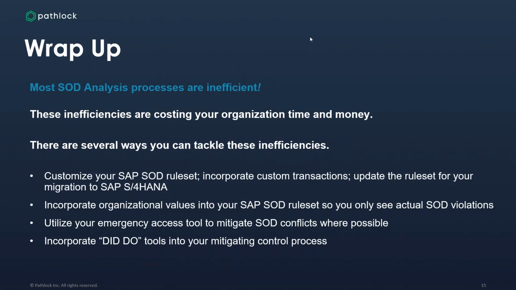And then lastly, it's incorporating did-do tools into your mitigating control process so that when you do find issues, you're catching them. And frankly, I didn't mention this earlier, but if you've got really strong did-do controls in place, you can be a little more lenient on who's got the access.